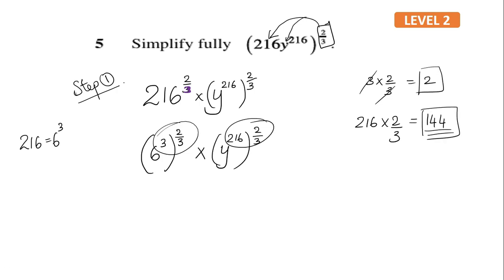So it's 6 squared times y to the power 144. So your final simplified answer is going to be 6 squared, which is 36, y to the power 144.